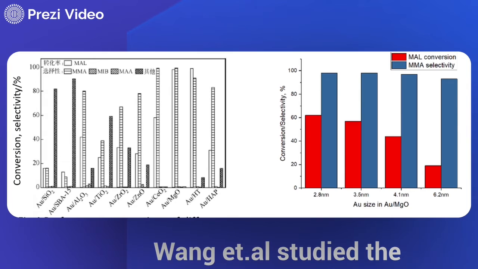The gold nanoparticles supported by magnesium oxide and hydroxide, which have more strong base sites, showed the best activity in the reaction. Besides, the size of the gold particles also affects the reactivity. The smaller gold particle has higher conversion and selectivity.